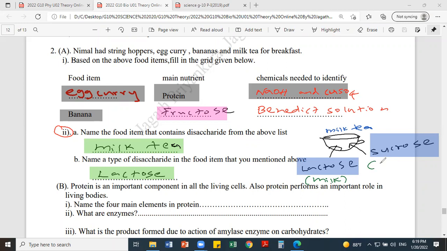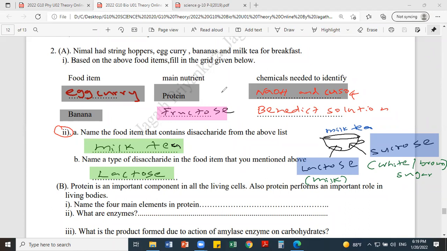Sucrose means white or brown sugar. Okay, both are carbohydrate. At the end, what is absorbed into your body? Excess carbohydrate. Right. Part B, I'll erase the screen.